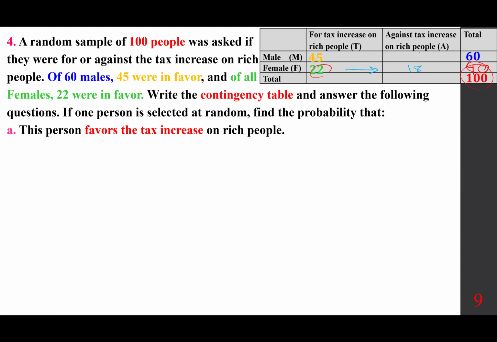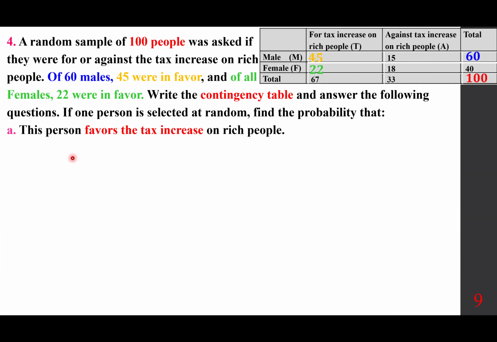Now for this one, if we have 45 here, we must have 15 here. If you add these two, you get 33. And you can add these two, you get 67. And to check, you add these two, you must get 100. So this is how you come up with the rest of it. I'm going to erase my work. So first we filled up the contingency table.